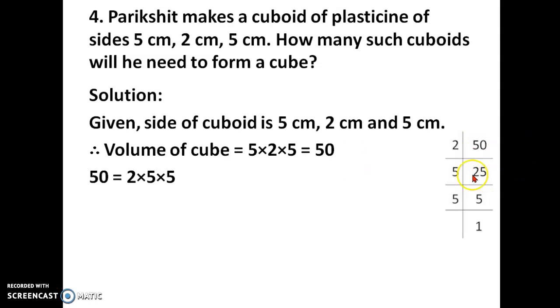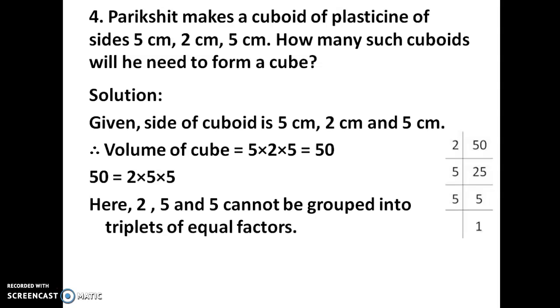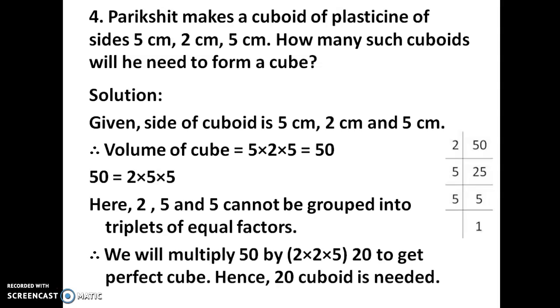So first one cuboid's volume we got to be 50. That's not a cube number, so we have to change it into a cube number. So here 2, 5 and 5 cannot be grouped into triplets of equal factors. Therefore, we will multiply 50 by 2 into 2 into 5, that is 20, to get the perfect cube.